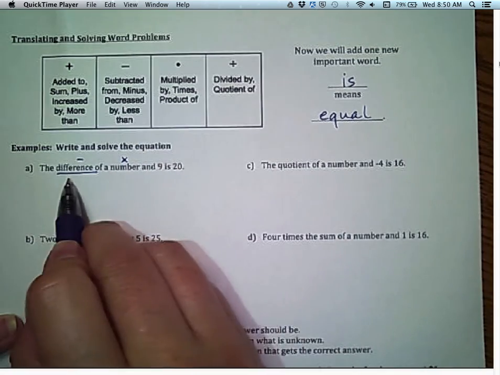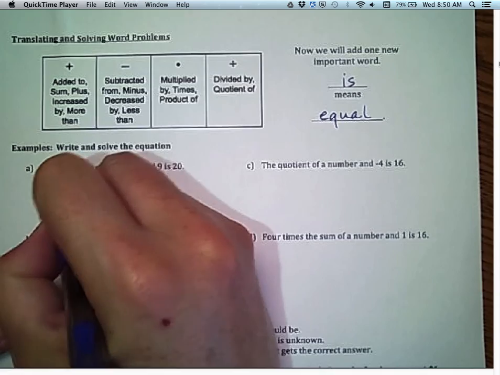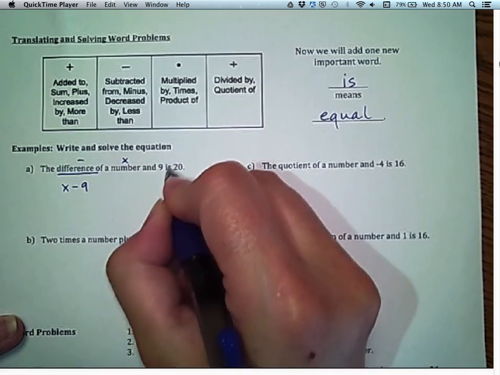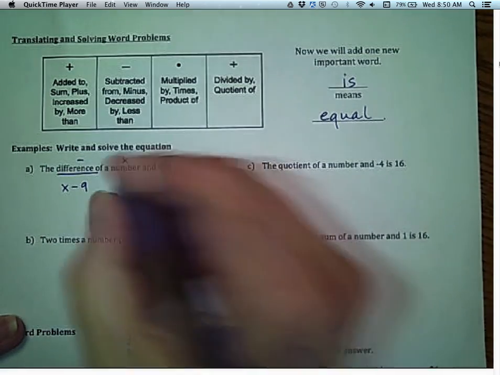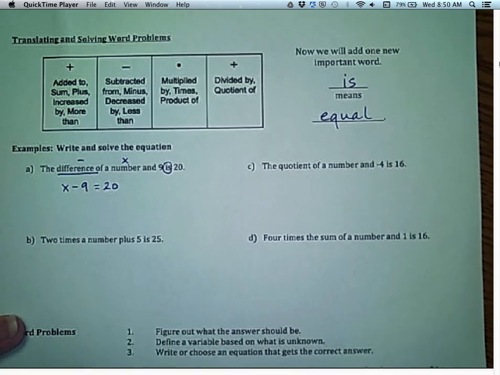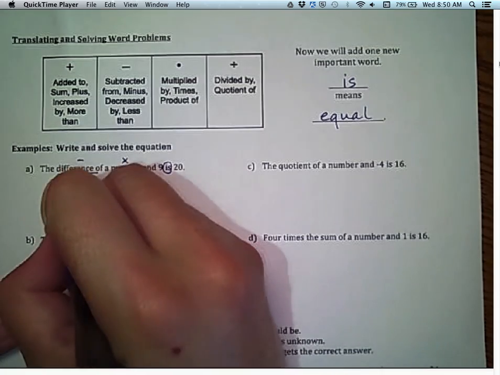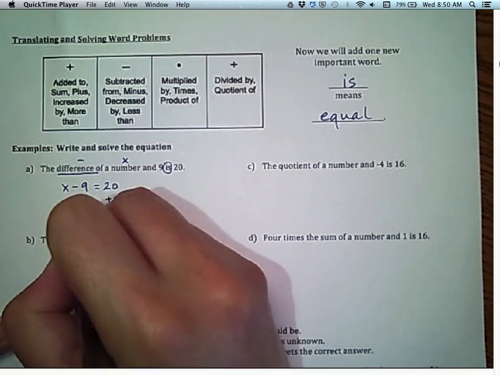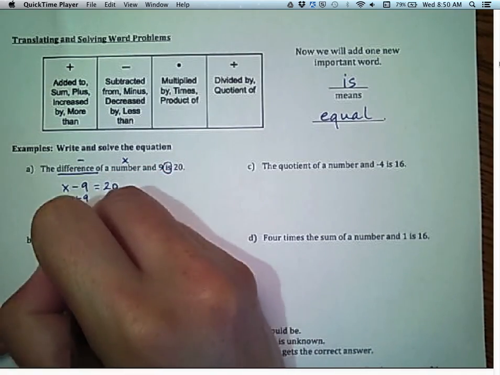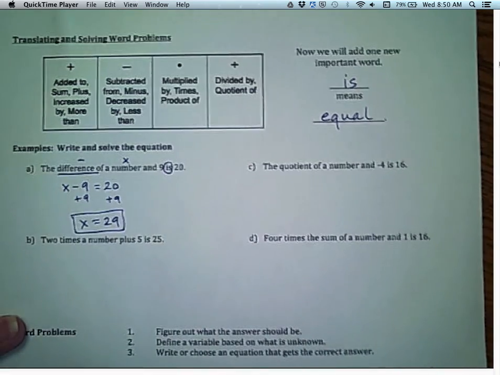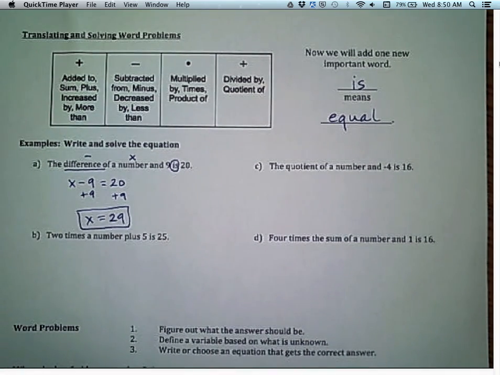All right, so the difference of a number and 9 is x minus 9. And now we see this special word is 20, equals 20. All right, so we're just making our translation. Now we also need to solve this, so we're going to add 9 to both sides. So x equals 29. Okay, so you're going to do the translation, you're going to write it out, and then you're going to solve it.